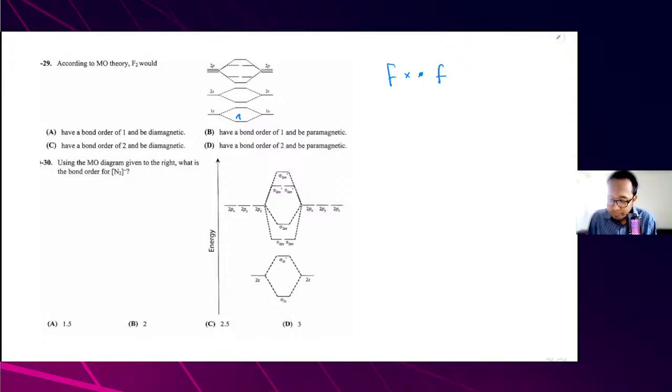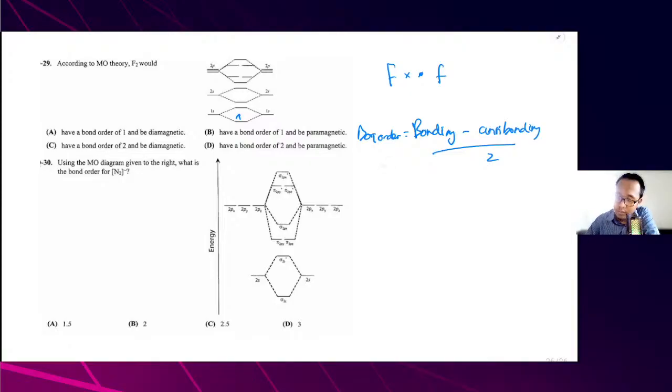So, have bond order 1. Okay, number of bonding electrons, right? Bonding minus anti-bonding, divided by 2. This is the bond order.